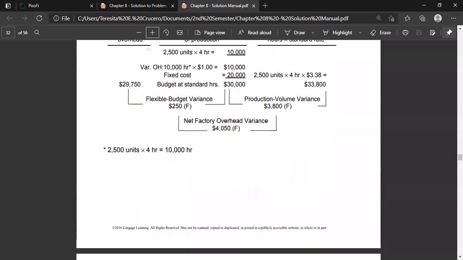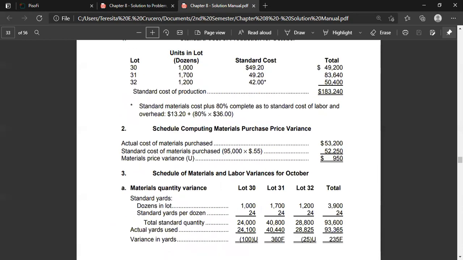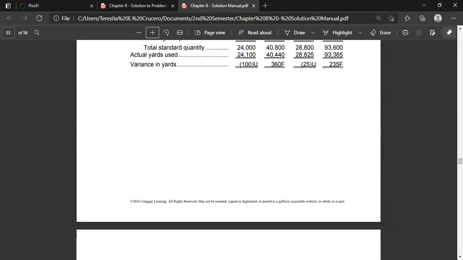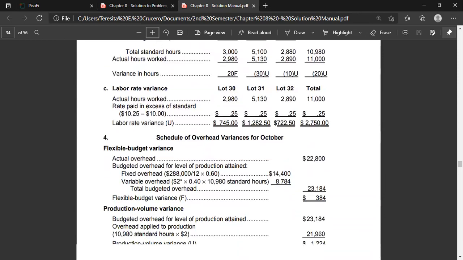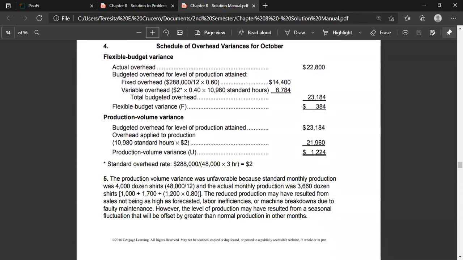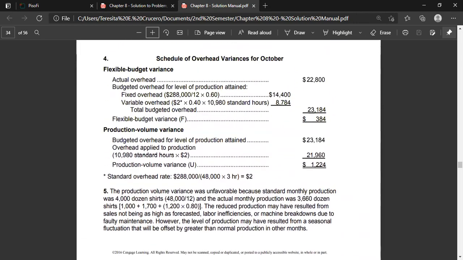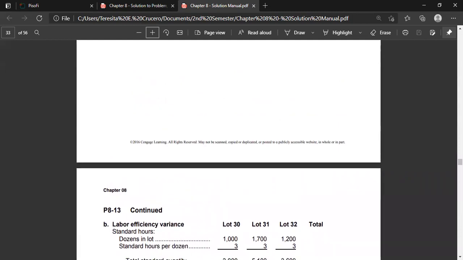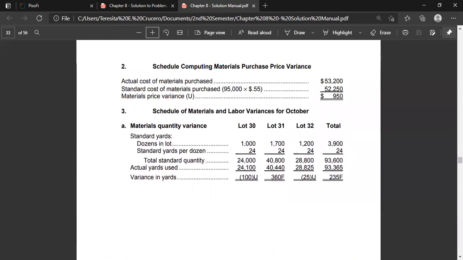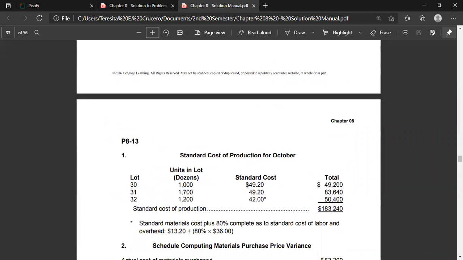Okay, 8-13. What are the requirements of the problem in 8-13? There are many requirements, so it appears to be a long problem. So we have now to focus on the journal entries here in 8-13.